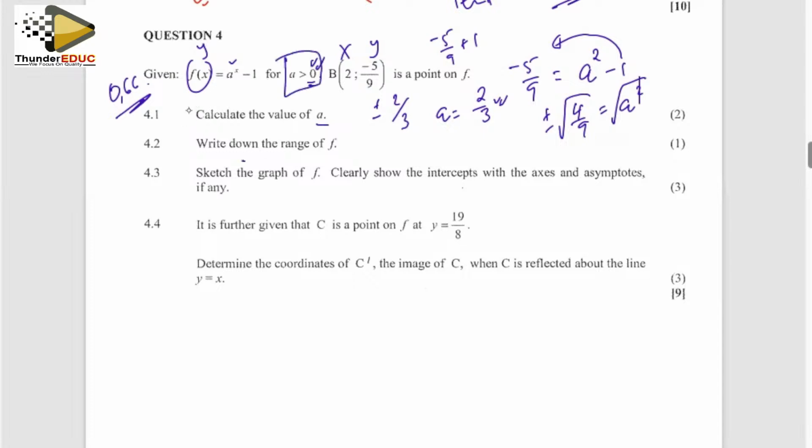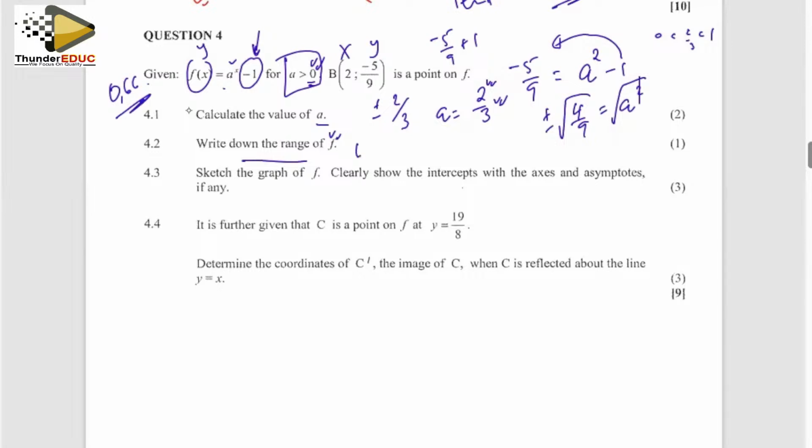Then they want us to give the range. Now, the range of an exponential is dependent on this asymptote. Now, since this graph is greater than 0, but the a value is less than 1, it's between 0 and 1, which means it's a decreasing function.